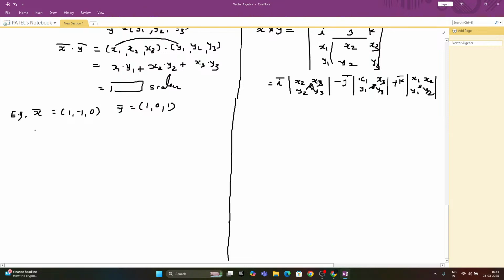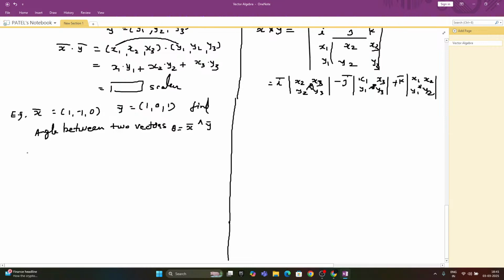For dot product, they ask to find the angle with the help of the dot product. So x bar and y bar are given. Find the angle between two vectors. Also, they can write it like this: find theta between x bar and y bar.